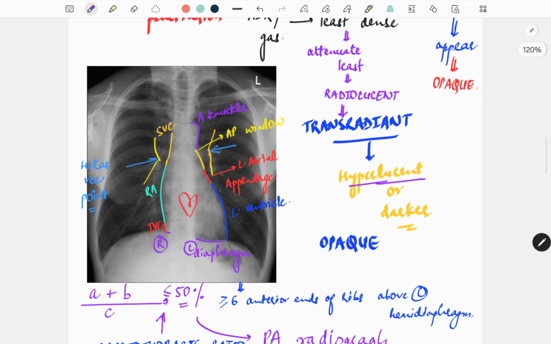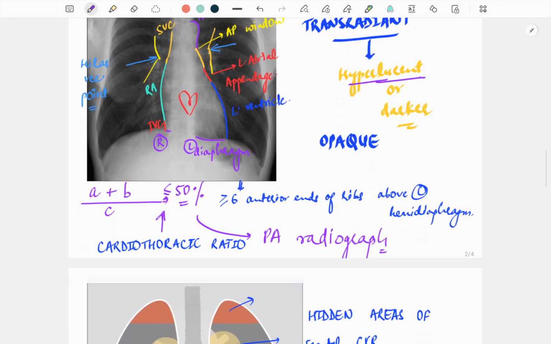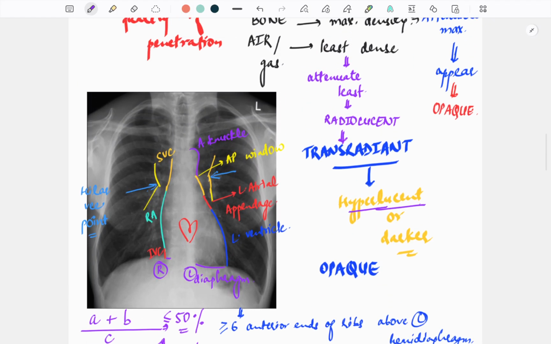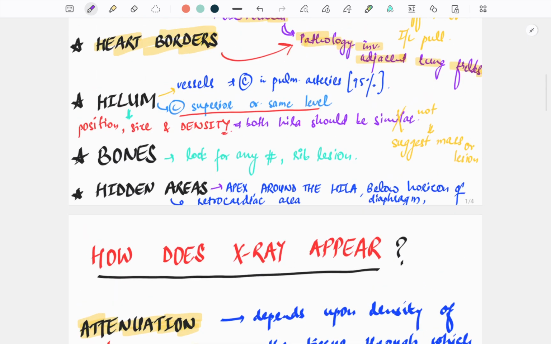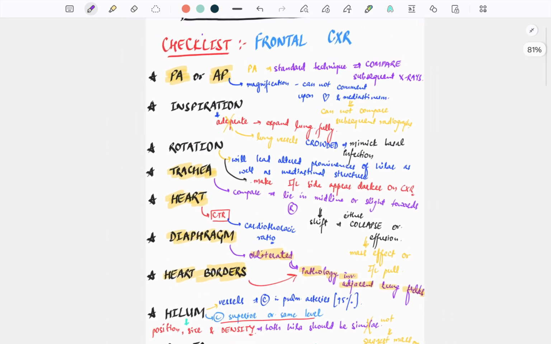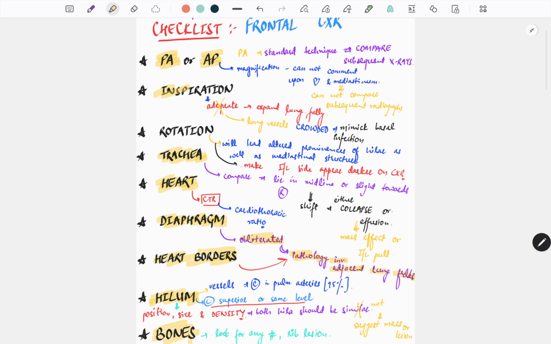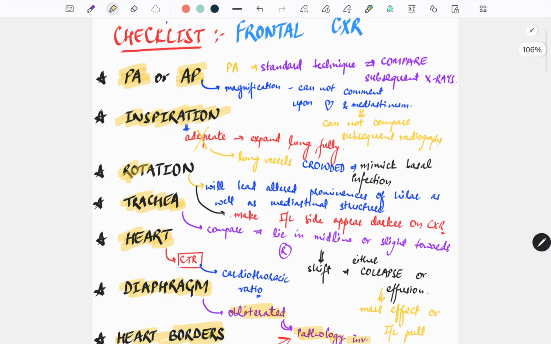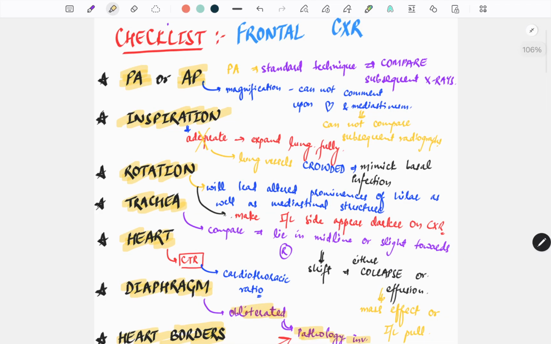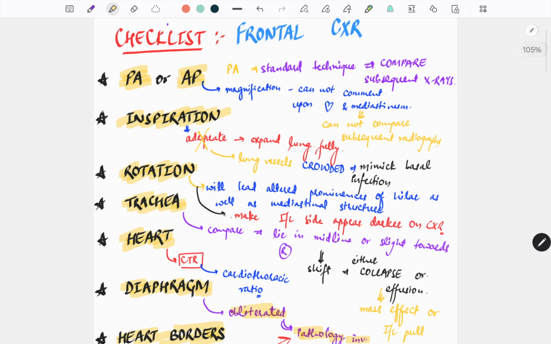This was all about the checklist and how we should see the X-ray. Using these points, we all can assess an X-ray in a systematic approach. Okay? We'll revise whatever we have studied. Whether an X-ray is PA or AP, what impact does it have?